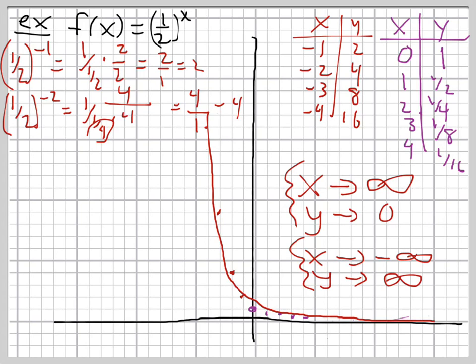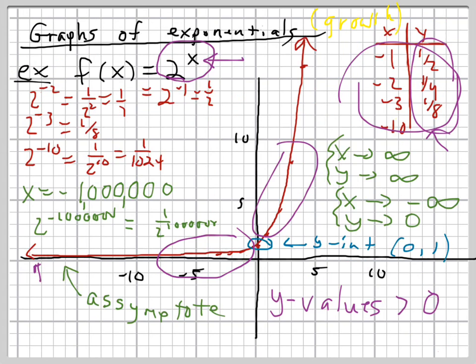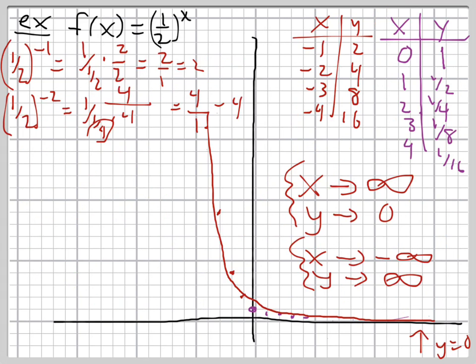It's getting bigger and bigger on the other side. So there's still an asymptote here, but it is here at y equals 0. Just like before. In fact, if we look here, this graph is a flip about the y-axis of this graph.